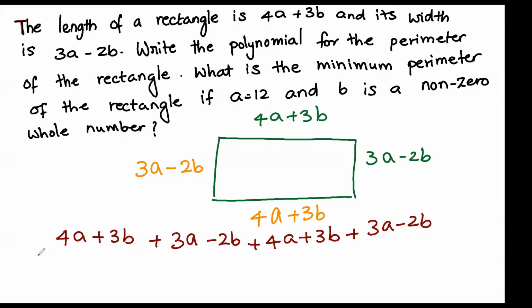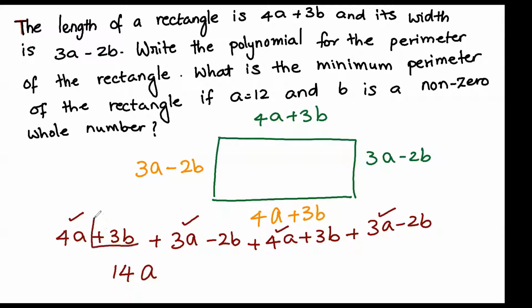So I'm going to add all the a terms first. So I have 4a, 3a, 4a, 3a. So 4 plus 3, 7. 7 plus 4, 11. 11 plus 3, 14a. Now let's look at the b terms.